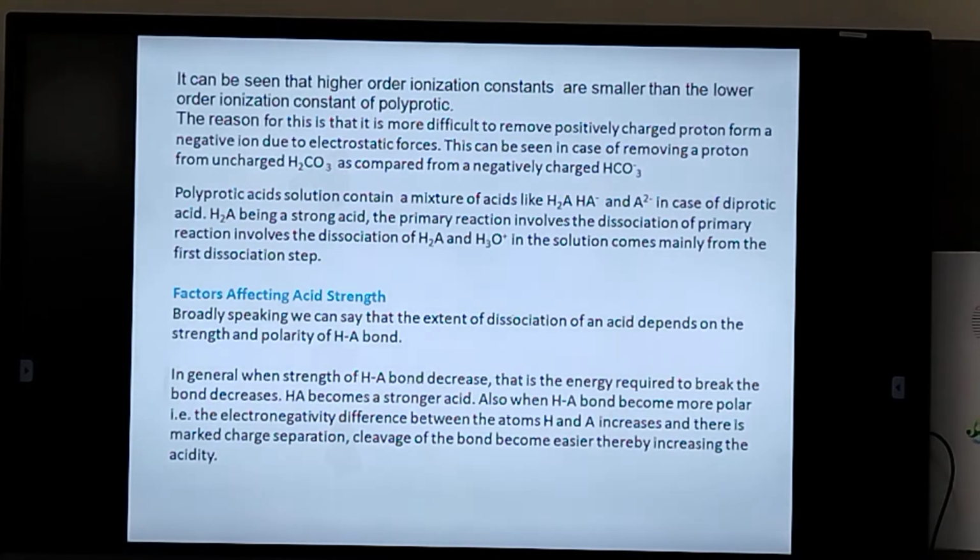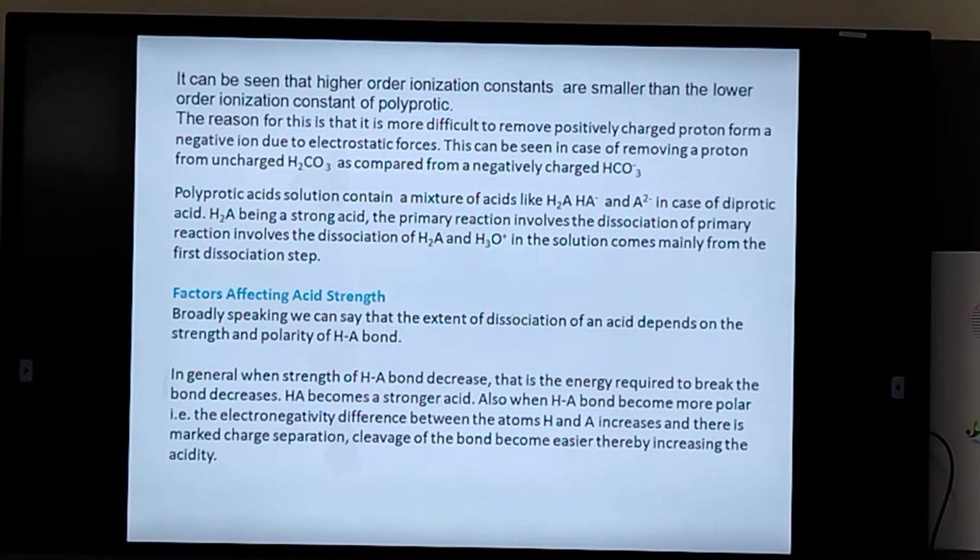Now, our next topic is factors affecting acid strength. Broadly speaking, we can say that the extent of dissociation of an acid depends on the strength and polarity of the H-A bond. In general, when the strength of the H-A bond decreases, that is, the energy required to break the bond decreases, HA becomes a stronger acid.